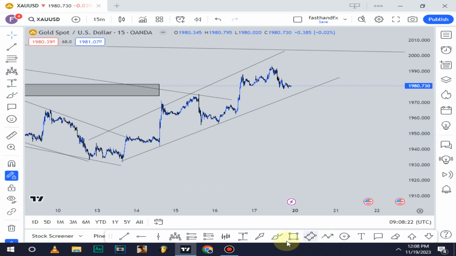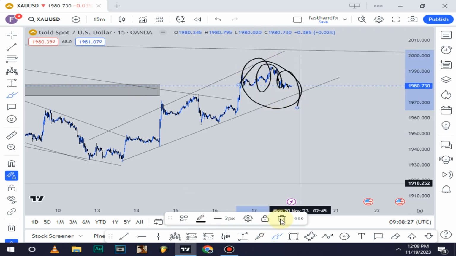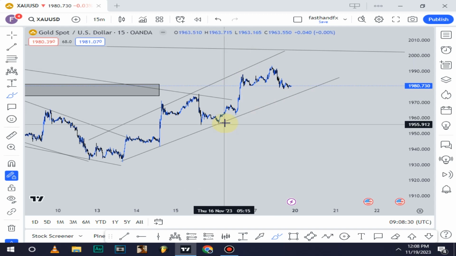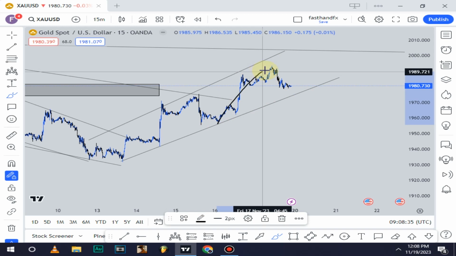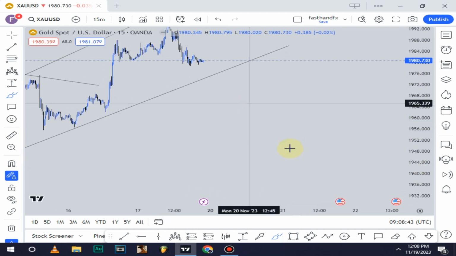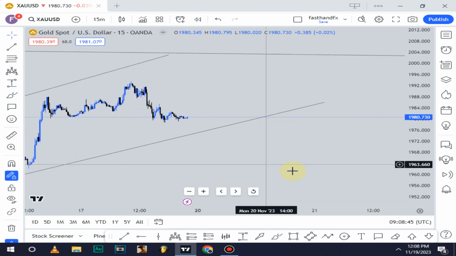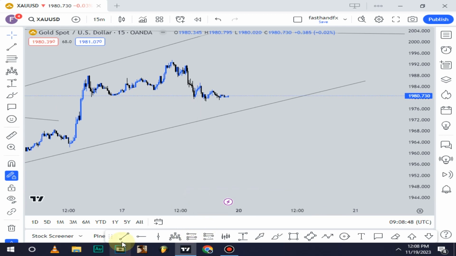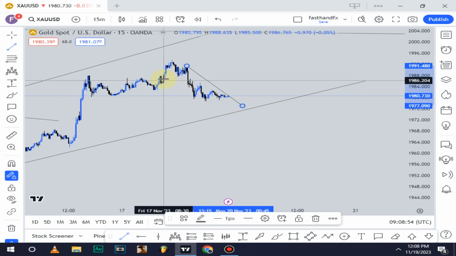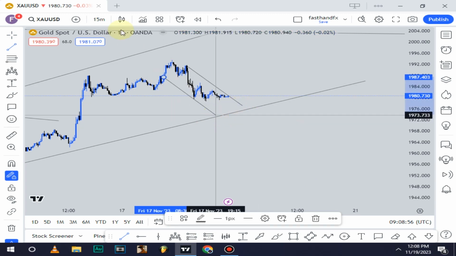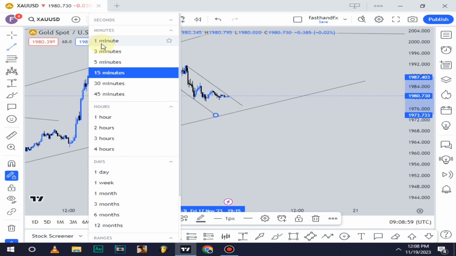If you don't understand that kind of movement around this zone, then you might think gold is trying to reverse. But if you take it from this zone right here, this is just a bigger version of an impulse. Now this is the correction. Then we go up crazy. I'm seeing structures here already. Let me try to understand this at the 1 minute.